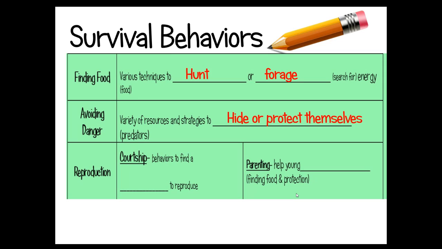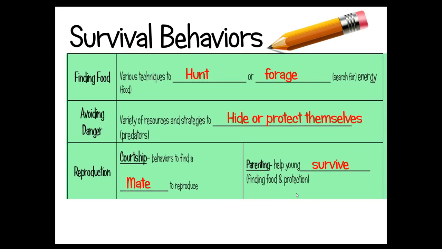Reproduction. So they have different behaviors to help them find a mate in the wild. And then a lot of animals parent their young, meaning they live with them for a certain period of time to help them survive by teaching them things, by helping them find food, by protecting them from other predators.